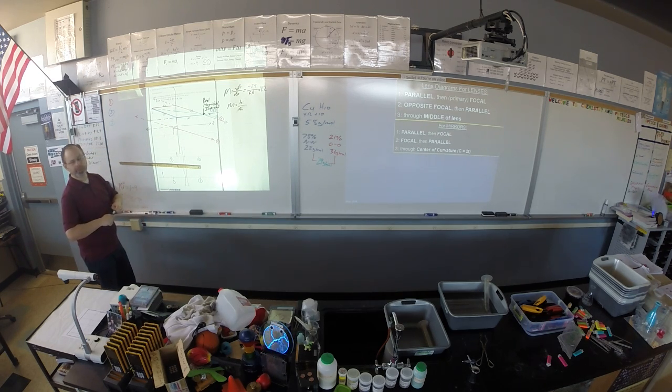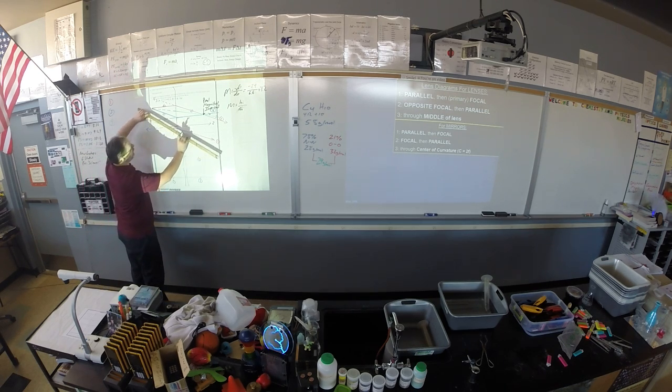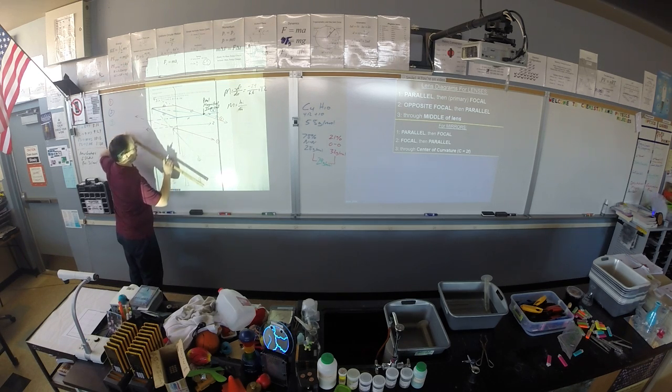So let's draw our check ray. And again, the cool thing about lenses is the check ray goes right through the middle of the lens. So line up our object with the middle of the lens. And there we go. It is going to be virtual on this side and real on this side. Ray number 3.